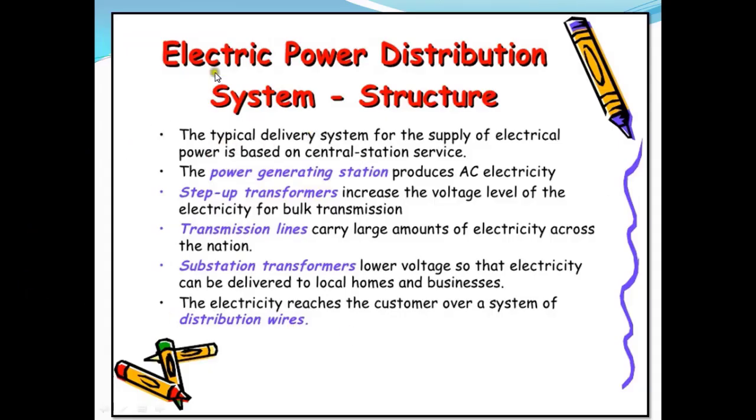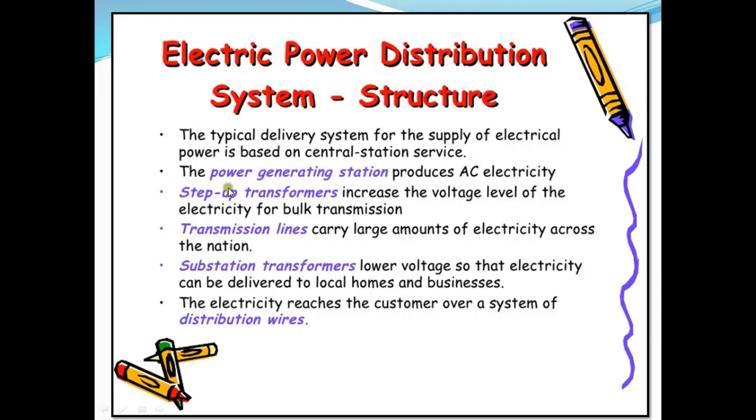Now we can talk about the electric power distribution system, how it works and how it is structurally operated. The typical delivery system for a supply of electric power is based on central station service, and the power generating station produces AC electricity.